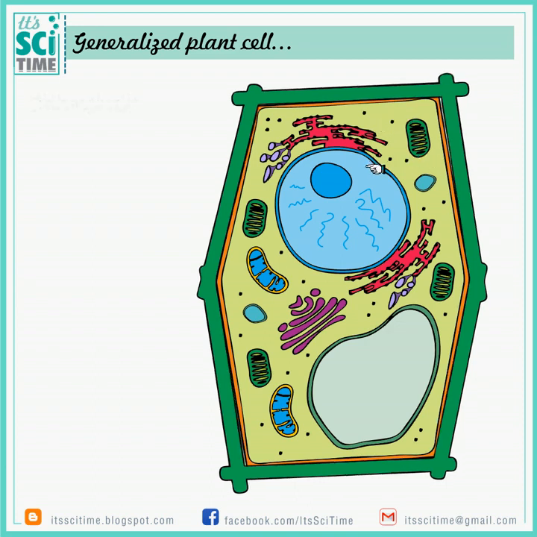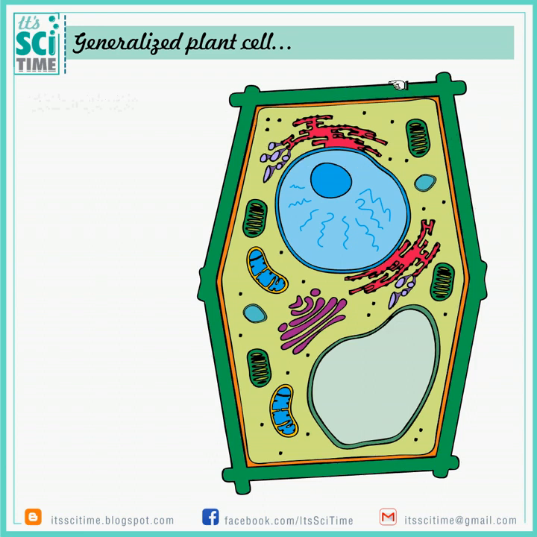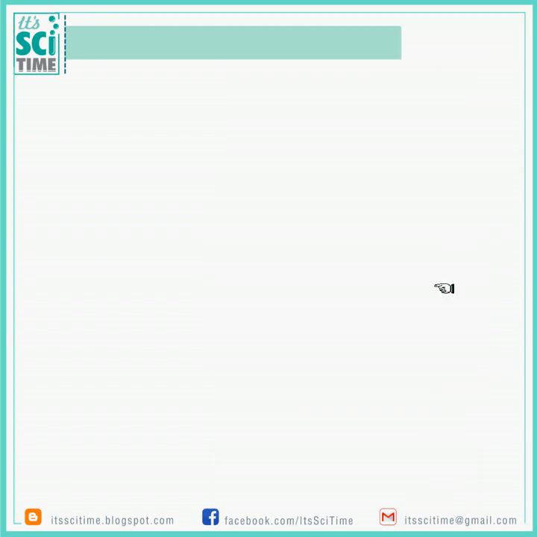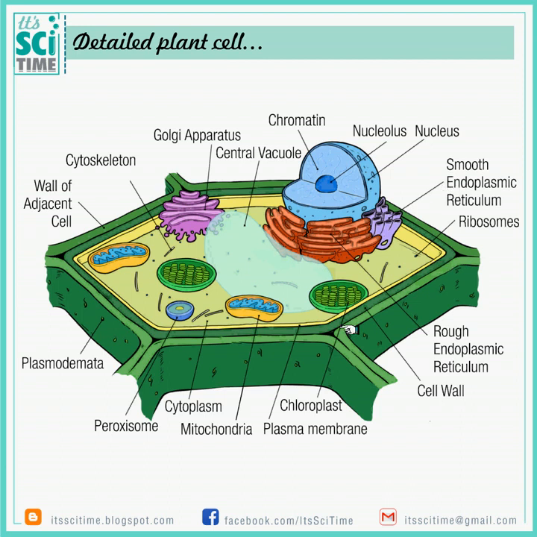Let's move to the special thing. The cell wall is seen only in plant cells. Vacuole is seen only in plant cells, and chloroplast is seen only in plant cells. Then the detailed plant cell. Look at the polygonal shape and the nucleus, surrounded by the rough endoplasmic reticulum, smooth endoplasmic reticulum, and Golgi apparatus.